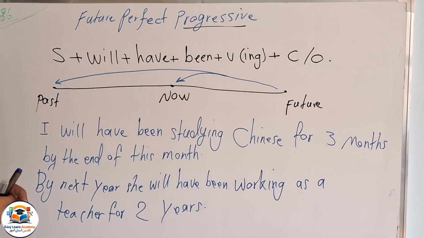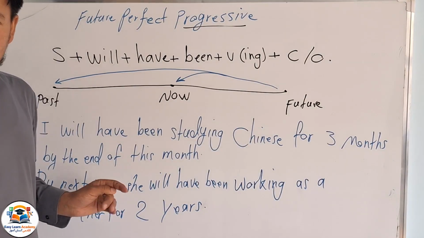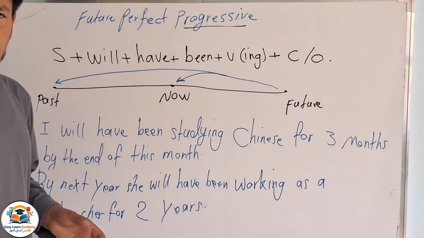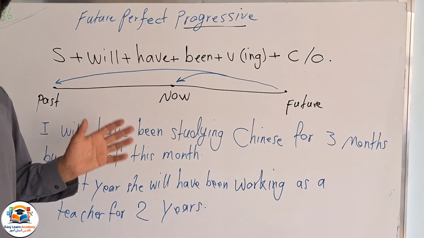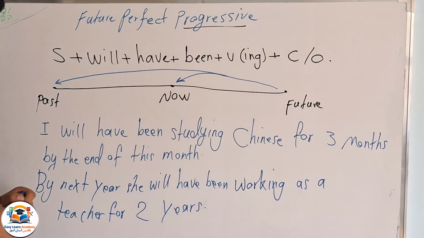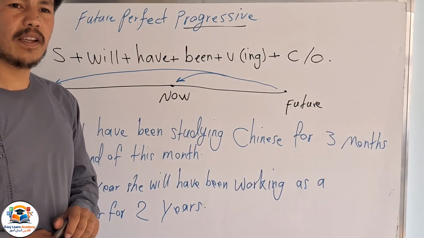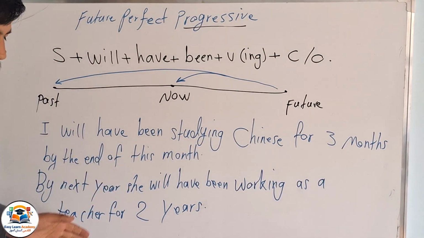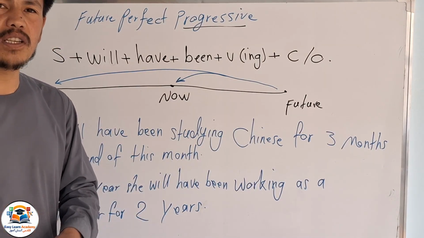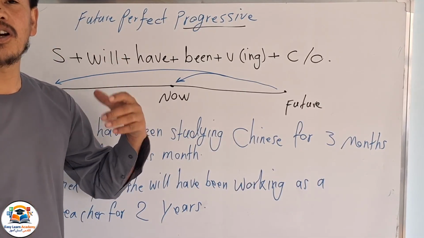This is the positive sentence. I will cover the negative and the question structure as well. So please stay to the end of the video, then you will understand this specific tense after watching this video completely. Okay, so what is future perfect progressive about? It indicates or shows you an action which will have been in progress by a specific time in the future.